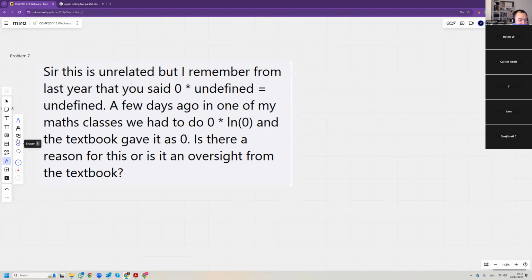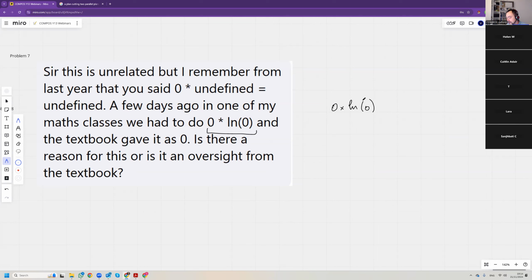So there's a question about limits, slightly unrelated, but I'll answer that. Well, 0 times ln 0 is in any book undefined.